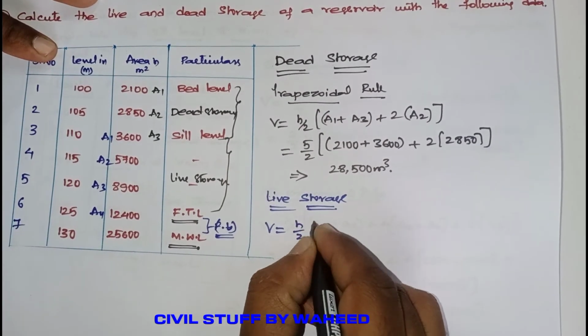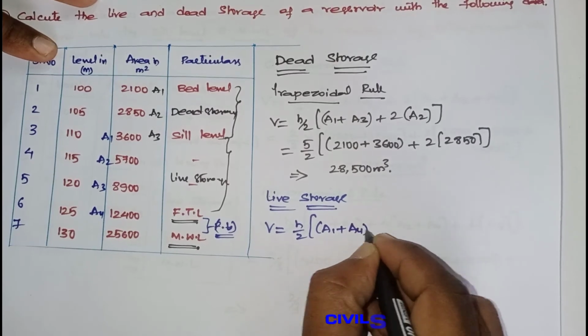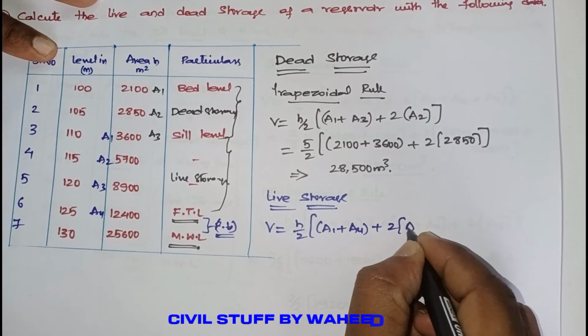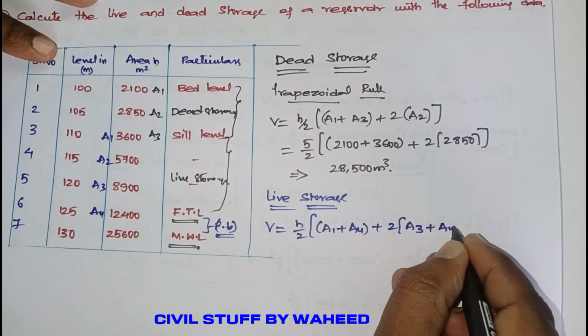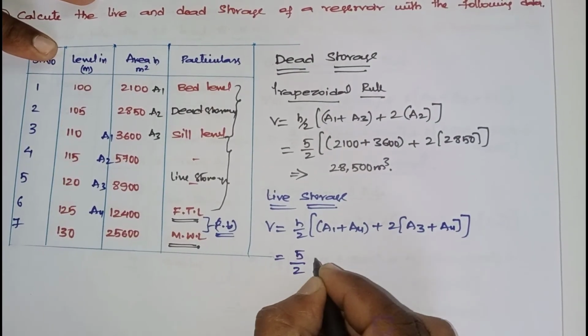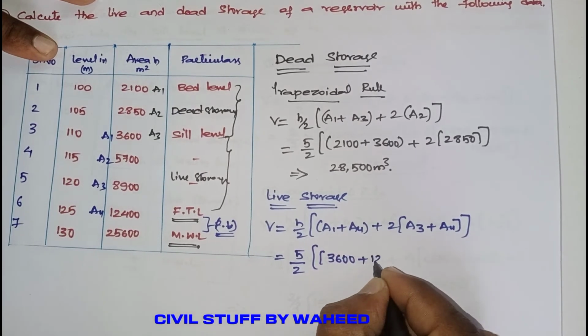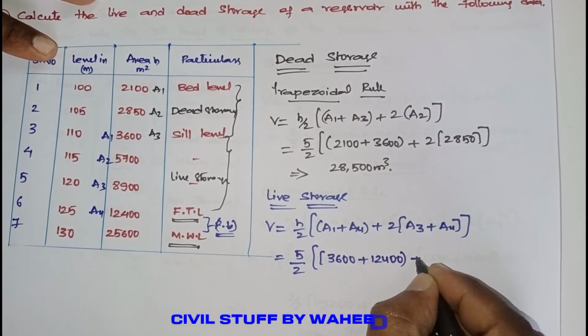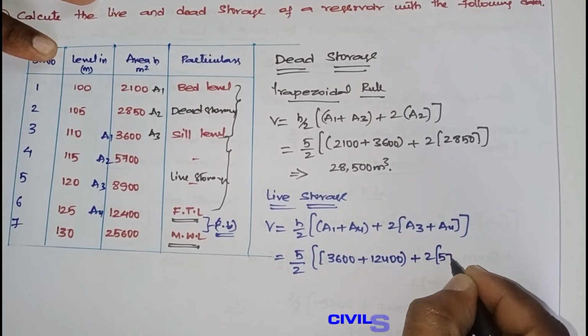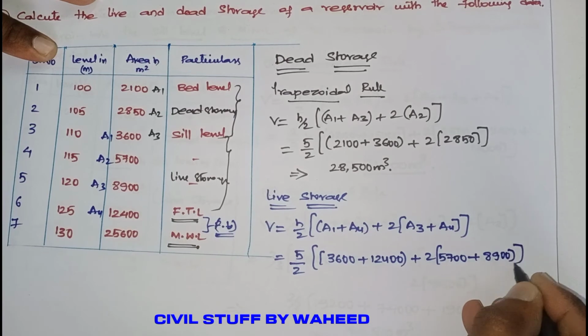Now H by 2 into first area plus last area plus 2 times of remaining areas. So here, same, 5 by 2, first area 3600 plus last area 12,400 plus 2 times of 5700 plus 8900.